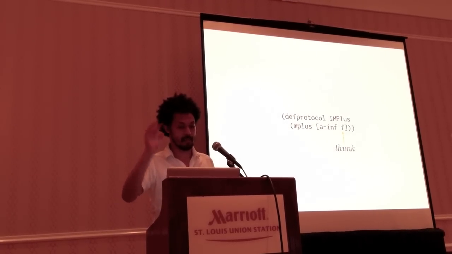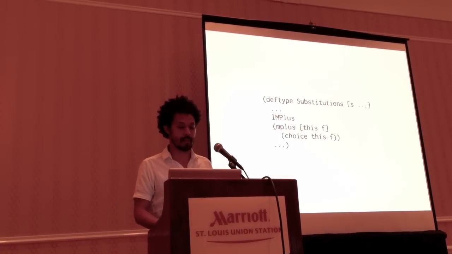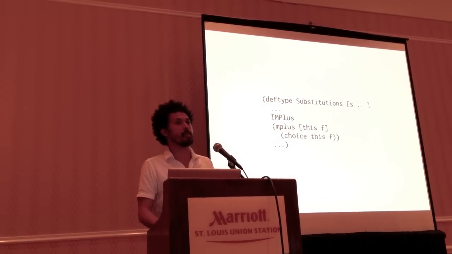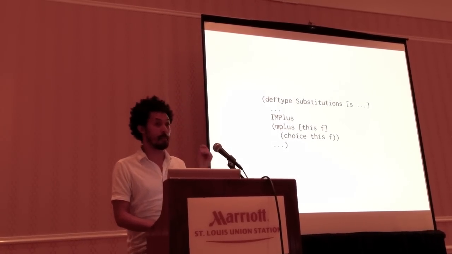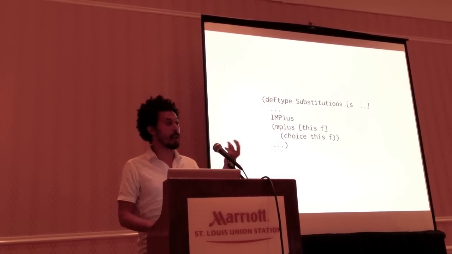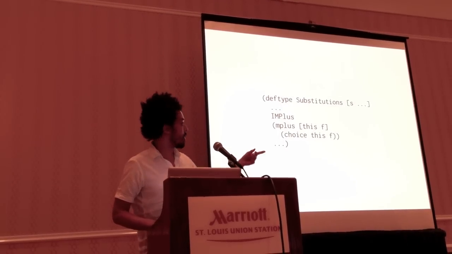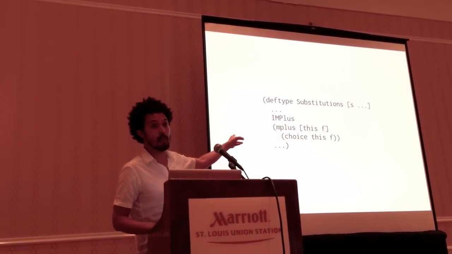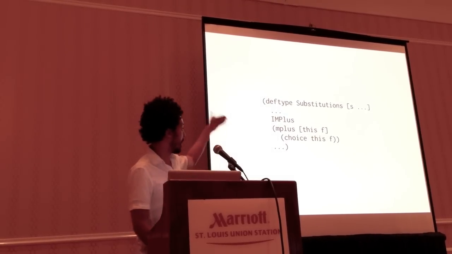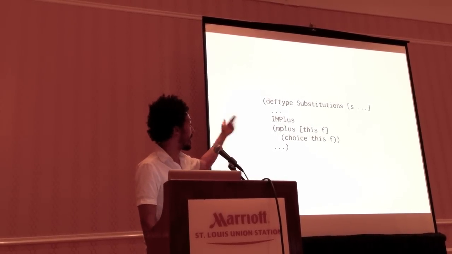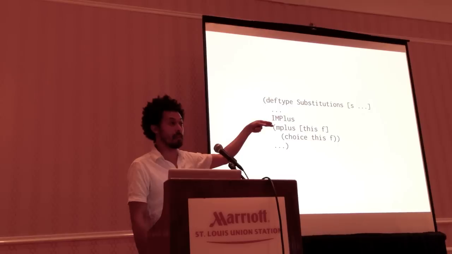This is the thing that I haven't really explained yet. What happens when you call M plus, because M plus is a polymorphic function, when it gets a substitution as its first argument? Then it returns a choice, a type that we haven't seen, where it is the first field, and then it keeps the thunk in the second field.